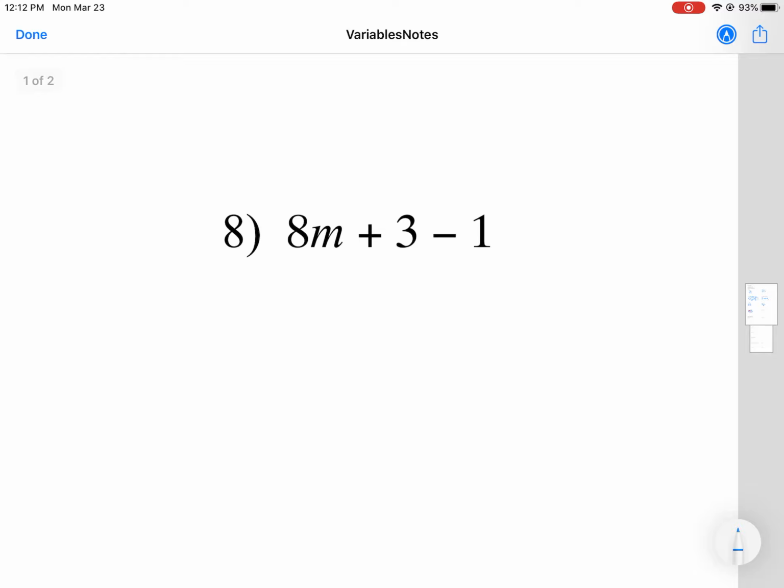All right, a little bit smaller problem here. I have an 8m plus 3 minus 1. First thing that's going to come to mind here is, well, can I combine anything with the 8m? Do I see any other terms in this problem with an m? I do not. So let's bring this down. 8m. There's nothing else with the m, so can't combine it.